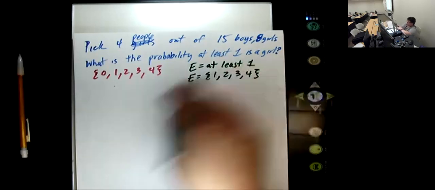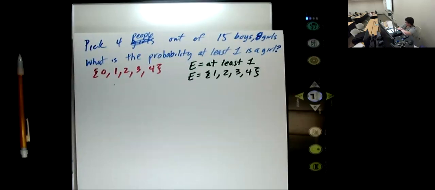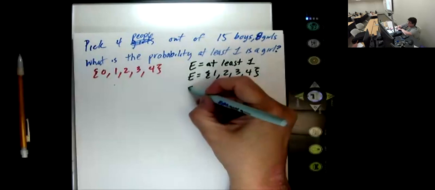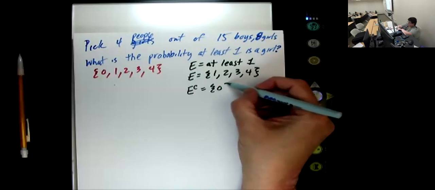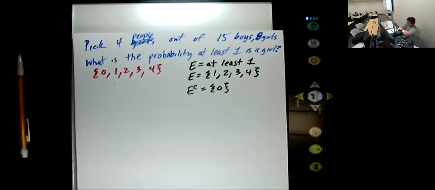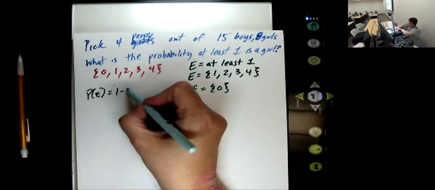At least 1 means more than that. And we said E complement is the other outcomes. The only other outcome is 0. And we had probability of E was 1 minus probability of E complement.